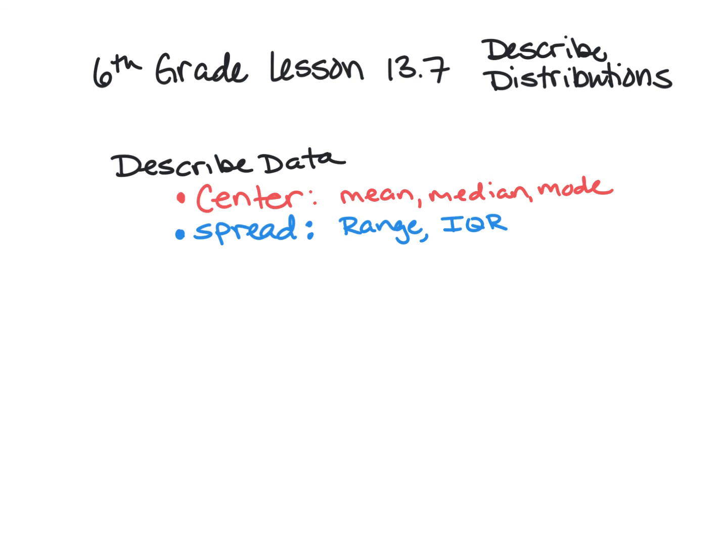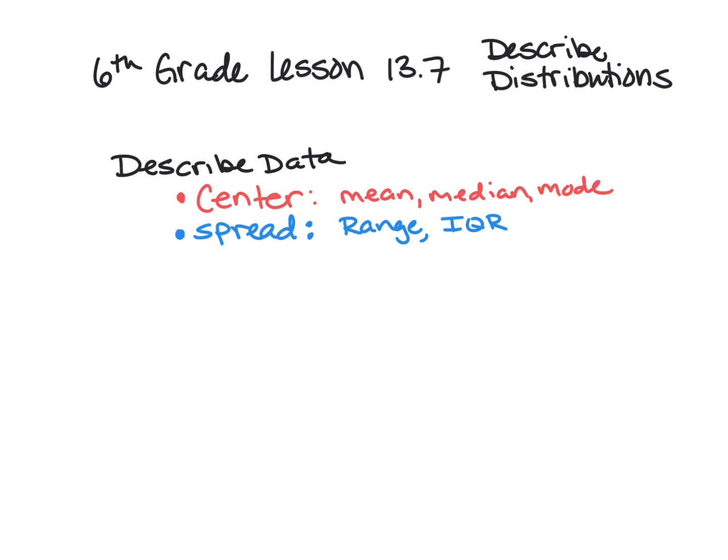Range is good if the data is pretty evenly distributed. That gives you a good idea of the spread. But if there's some outlier in either direction, then the interquartile range probably gives a better explanation of the variability or the spread of the data.